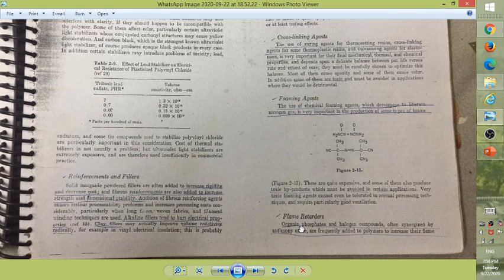Then flame retardants. We all know flame retardants. Organic phosphates and halogen compounds, often synergized by antimony oxide, are frequently added to polymer to increase their flame resistance.